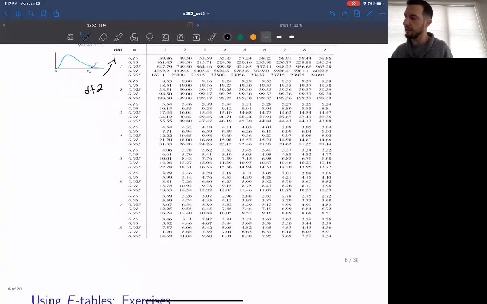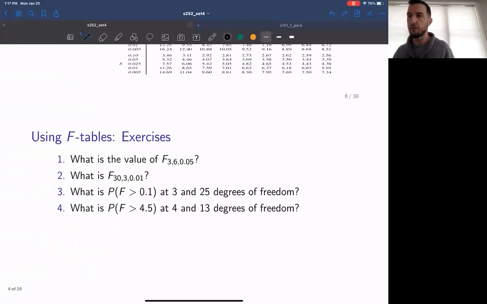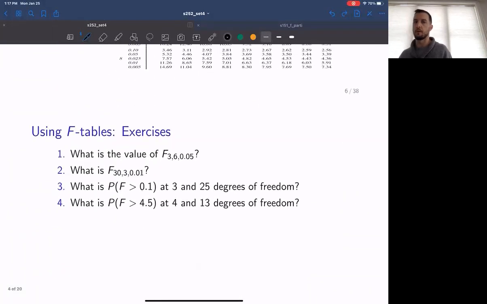Okay, so to illustrate that idea, I have a few exercises at the bottom here. The first one says, what is the value of F3, 6, 0.05? So this is going to be DF1, this is going to be DF2, and this is going to be alpha.